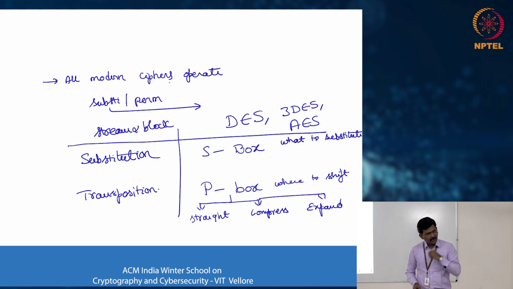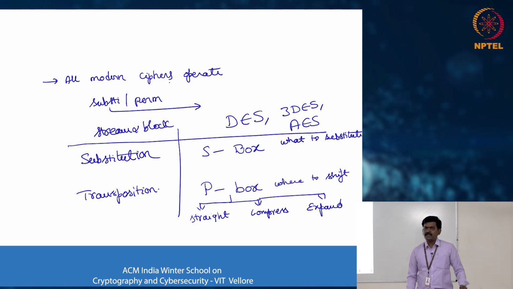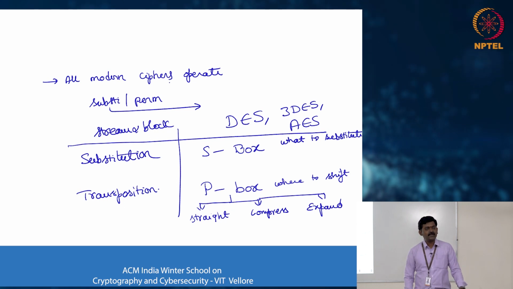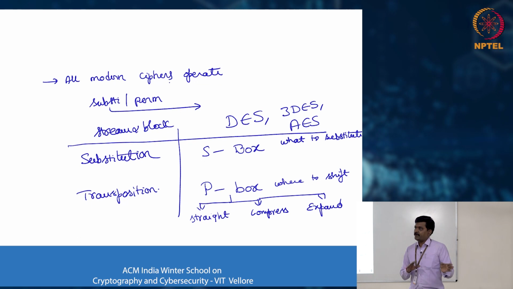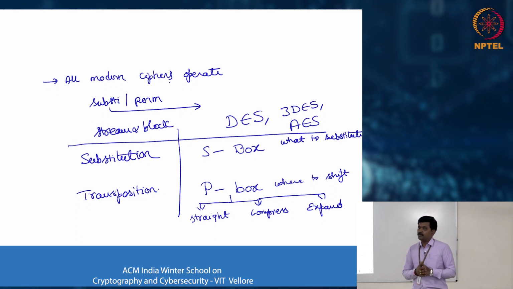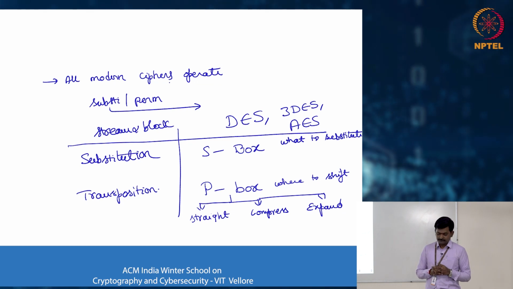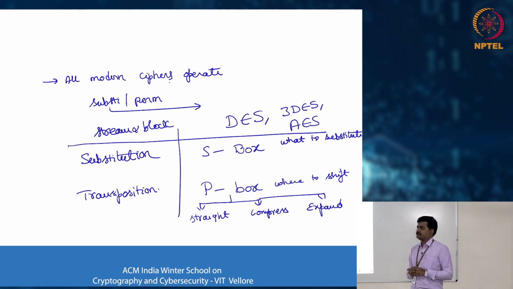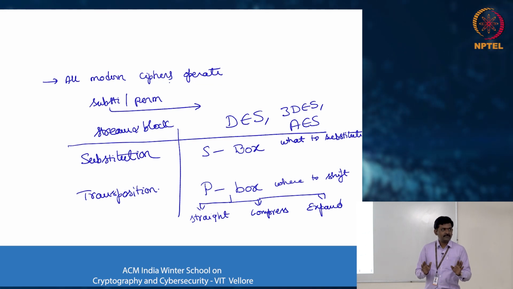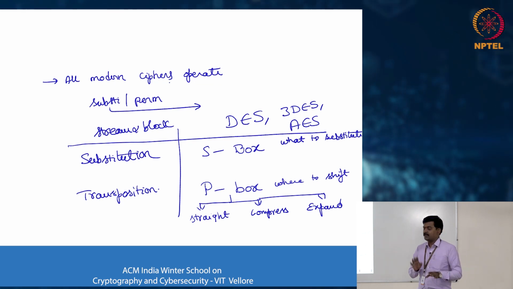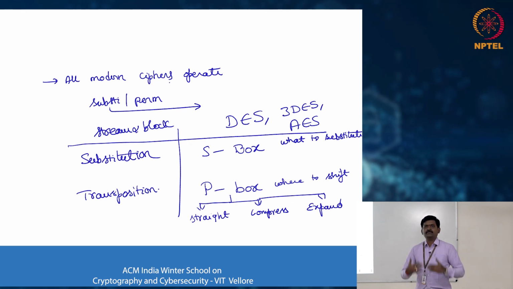Output would be of length 64 bits. What does the compression box say? I am giving 64 bits. It will also tell where to put what, but the output would be less than 64. What is expansion? I am giving 64 bits. Output also through permutation only, but output would be larger.